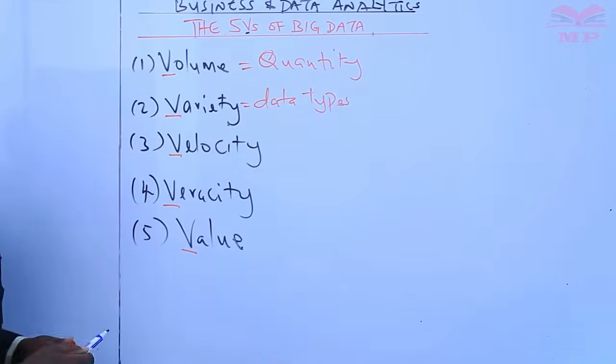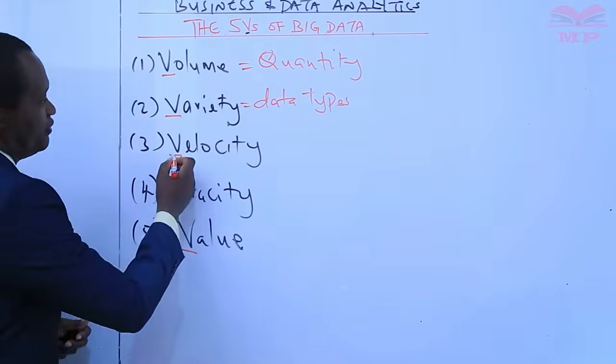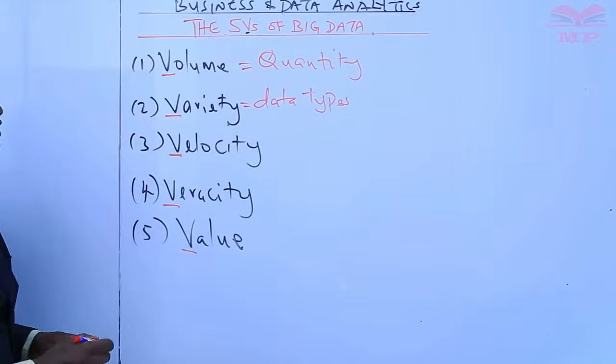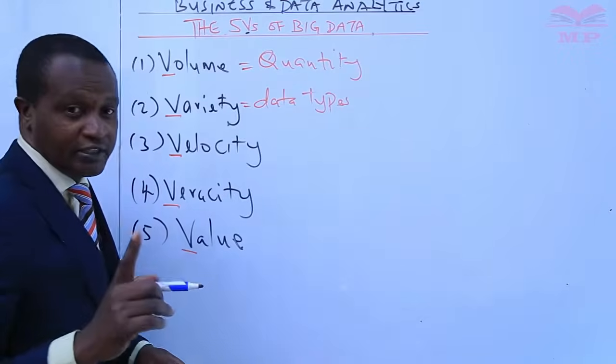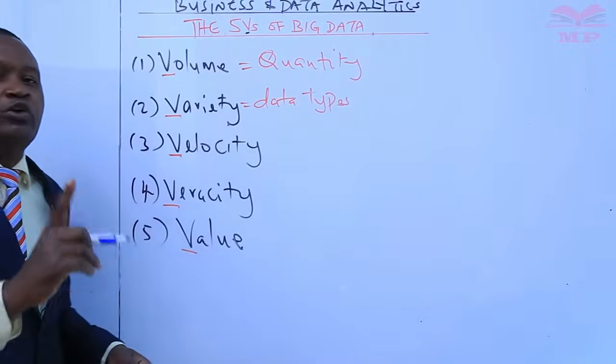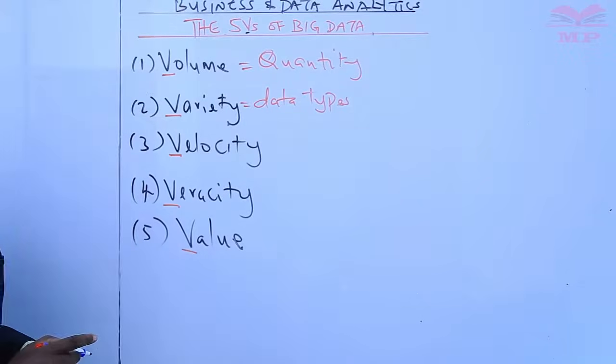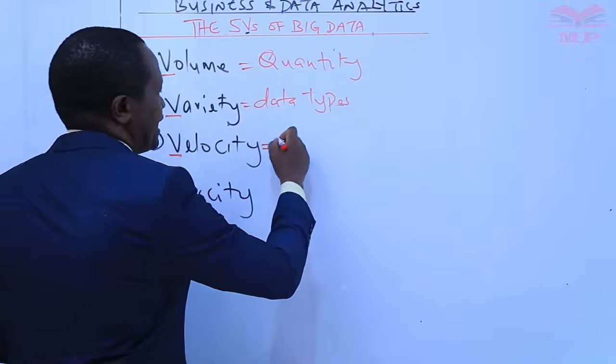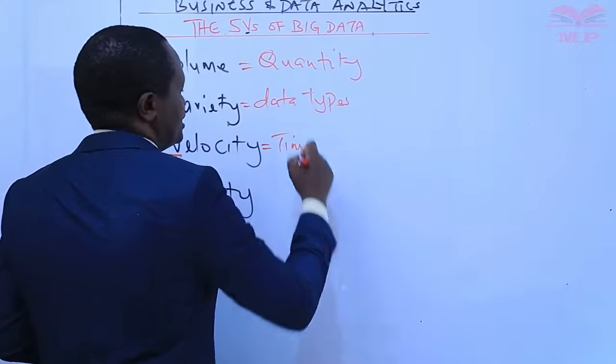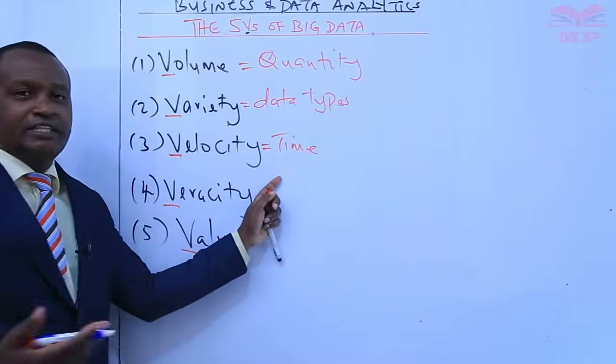Then thirdly, we have velocity as the third V of big data. Velocity refers to the time taken to process and analyze data.